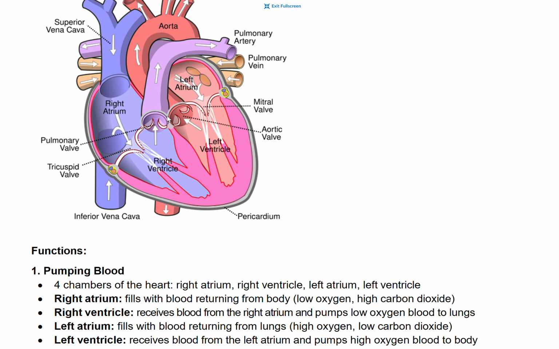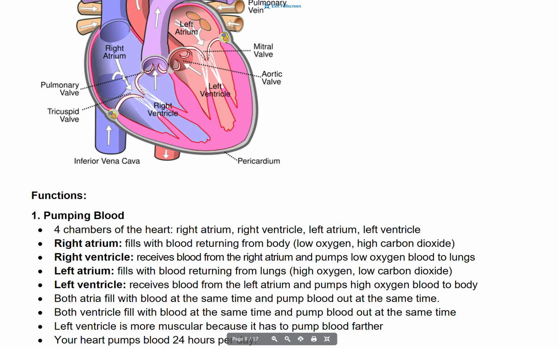And then the last function of the heart is keeping blood moving in one direction, right? We don't want it to go backwards. And this is why we have these valves. So remember, valves are one-way doors, right? They keep the blood flowing in one direction. So these valves only open when the blood is going from the atrium to the ventricle.